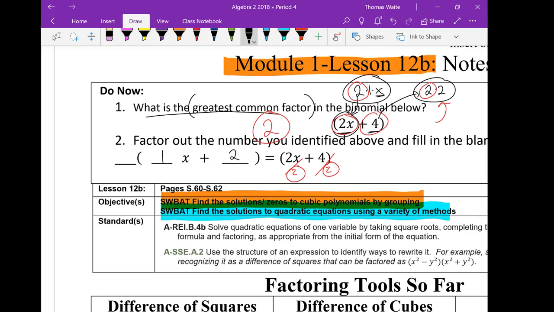And then since we divided a 2 out of both terms, we need to replace it. It's being multiplied by the whole thing now to make it equivalent. So we see 2 times x plus 2. If we were to distribute this back through, 2 times x would be 2x, yep, and 2 times 2 would be 4. So we've just rewritten this expression with the greatest factor pulled out. So that's going to be really important in our objective for today, so that's why I introduced it during the do now.